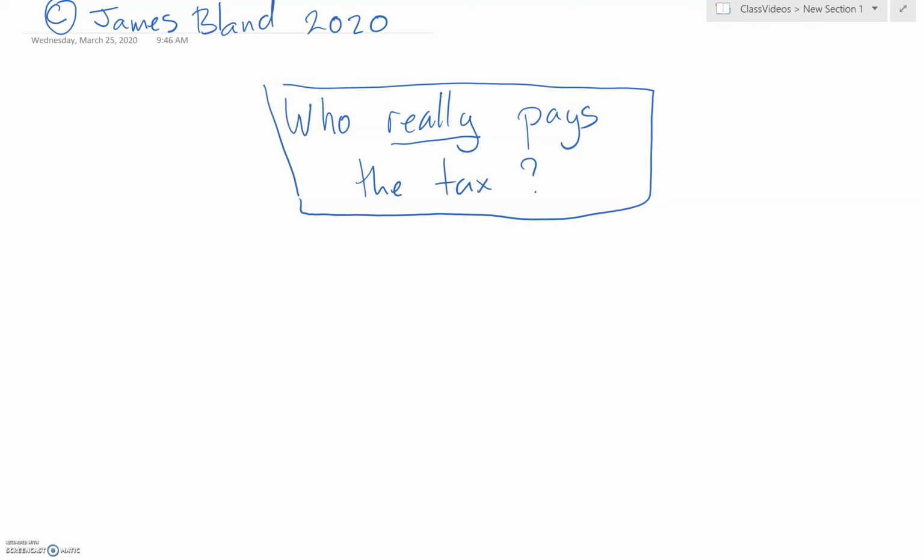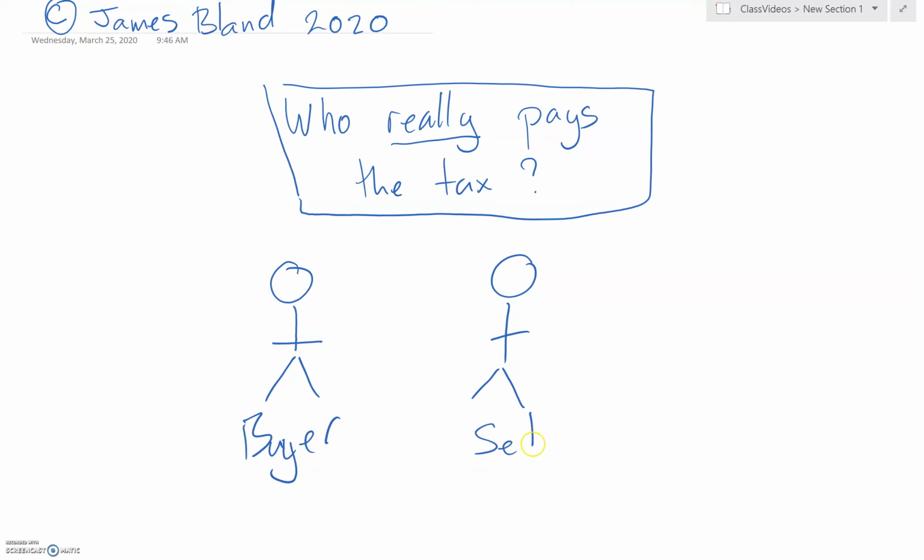The situation we've been thinking about is that, in a market without taxes, we have a buyer and a seller. We have many of these, and the seller, if trade is mutually beneficial, is going to send goods this way, and the buyer sends money this way.